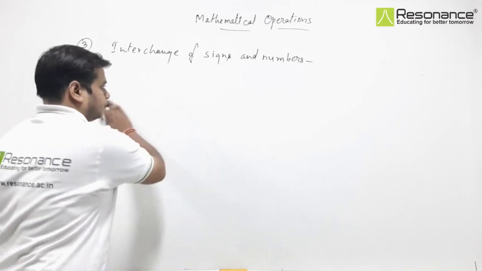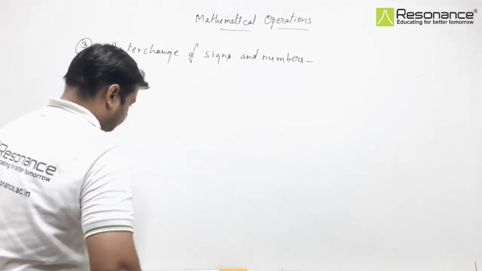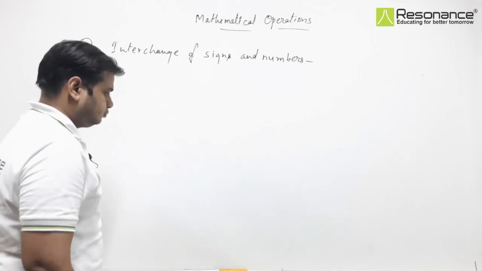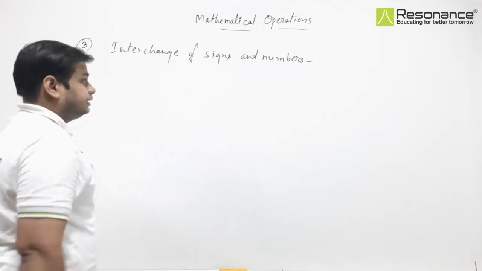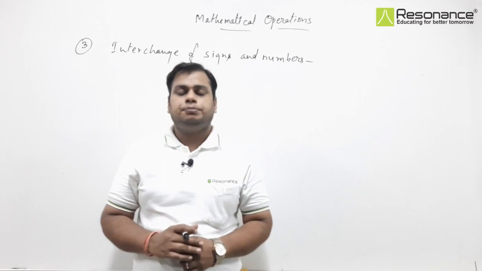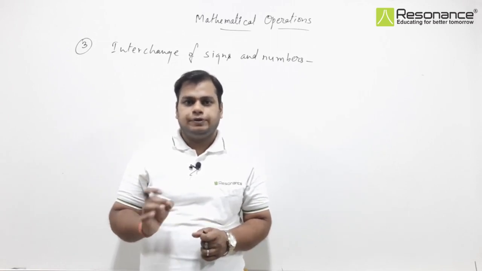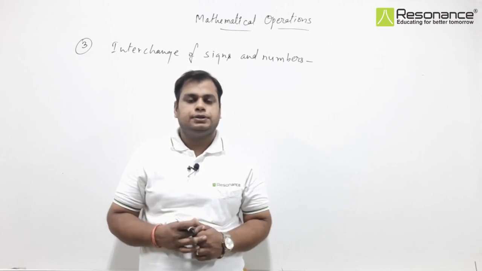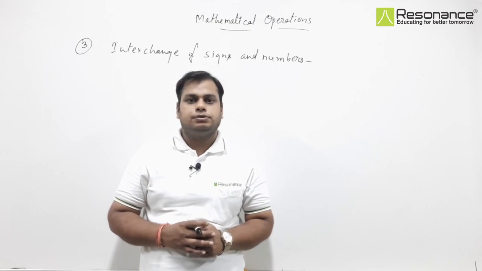So in interchange of signs and numbers, what we have is a complete mathematical equation, but the solution which is given equal to the equation will not match with the equation's correct solution.